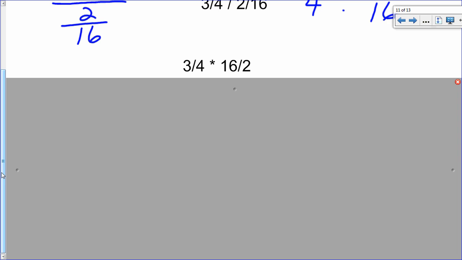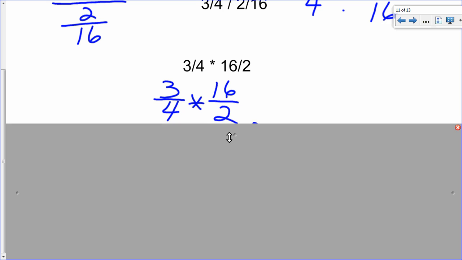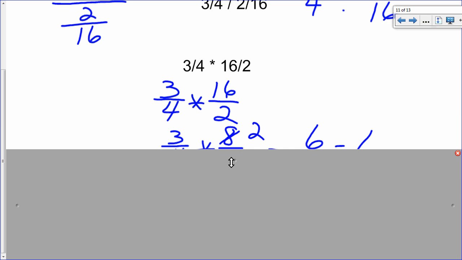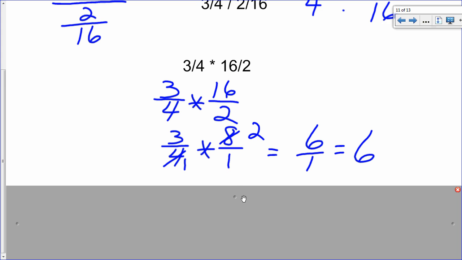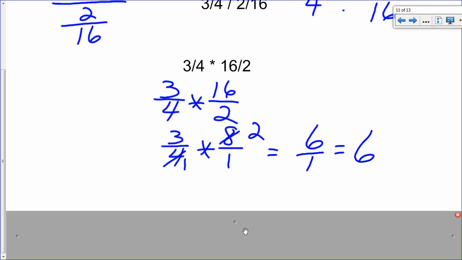So 3/4 divided by 2/16 becomes 3/4 times 16 halves. I'm going to rewrite it in a way you're more familiar with. Okay. We can reduce 16 halves to 8/1, and then we can cross cancel. 4 goes into 4 one time, 4 goes into 8 twice, and then multiply straight across. 3 times 2 is 6, 1 times 1 is 1, and our answer is 6.